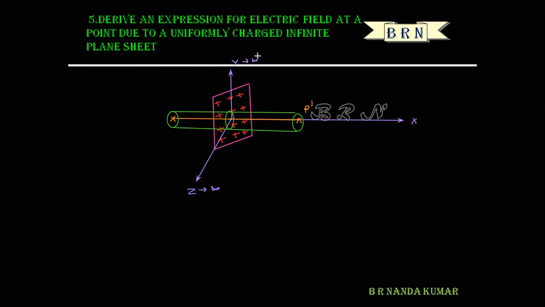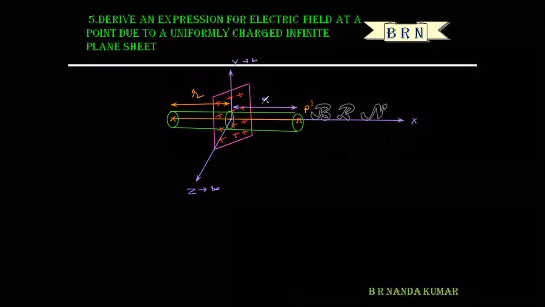Okay. So now let us consider the distance from the sheet to the observation point P. This is R, and the distance from P dash to the uniformly charged sheet is also R. So the points P and P dash are equidistant from the sheet.